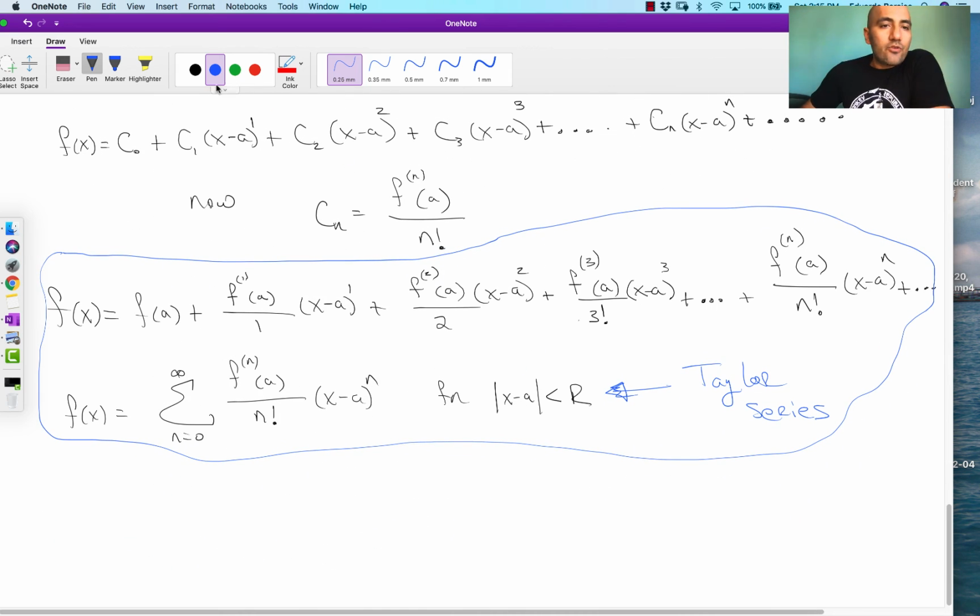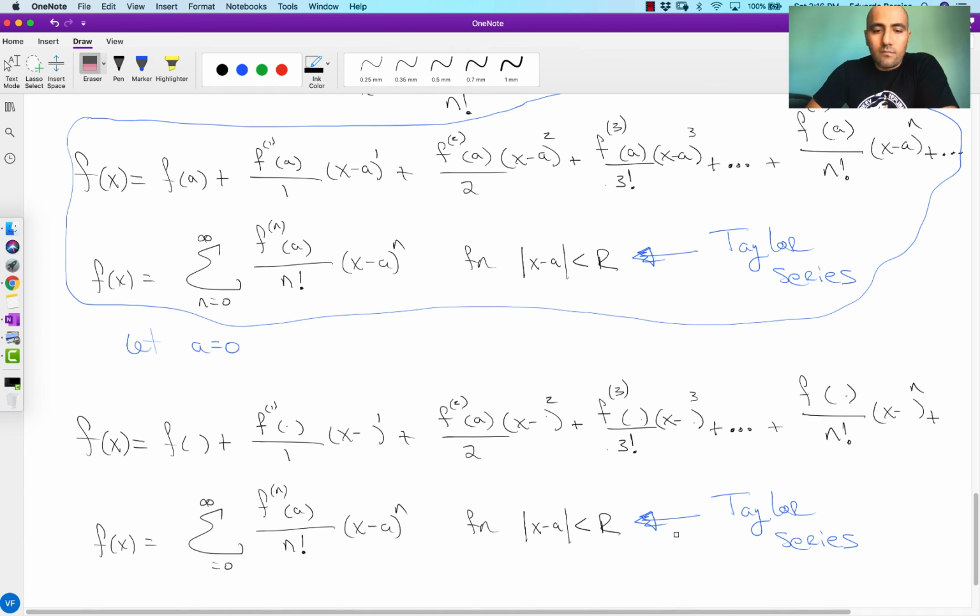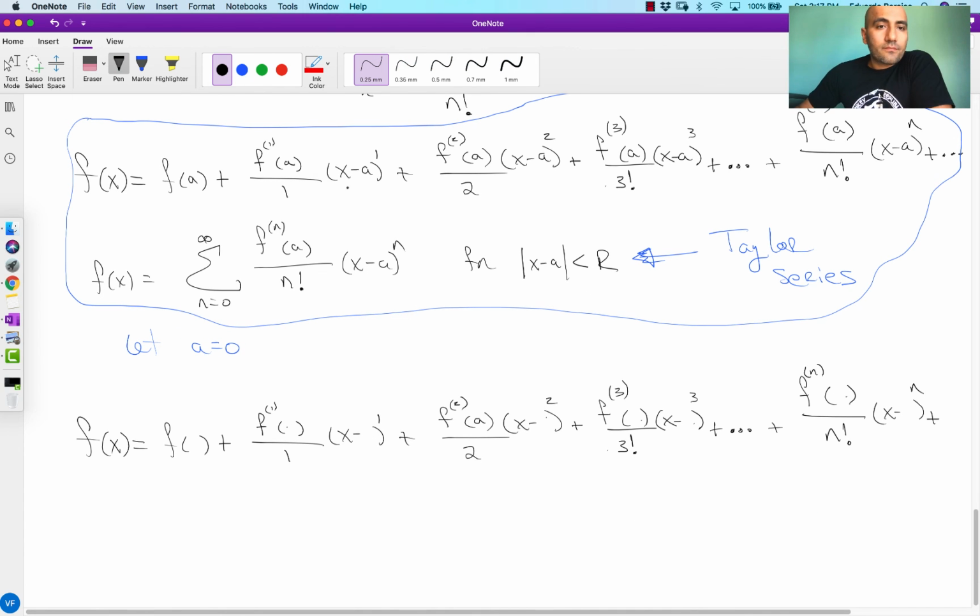Now, on the other hand, if you just happen to let a equal 0, then each one of these things becomes 0. So we end up with f of 0, the first derivative evaluated at 0, the second derivative evaluated at 0, the third derivative evaluated at 0, x minus 0, the nth derivative evaluated at 0, x minus 0.